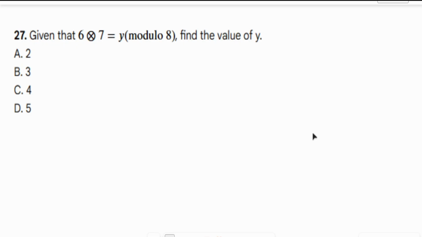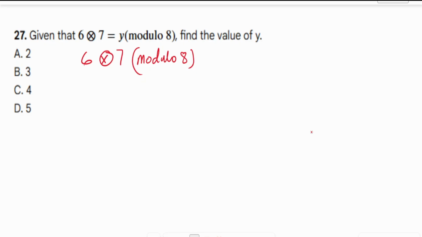So for this problem, we have 6 times 7 modulo 8. It means, what is the remainder when we divide 6 times 7, which is 42, by 8? That is simply what the question is saying.